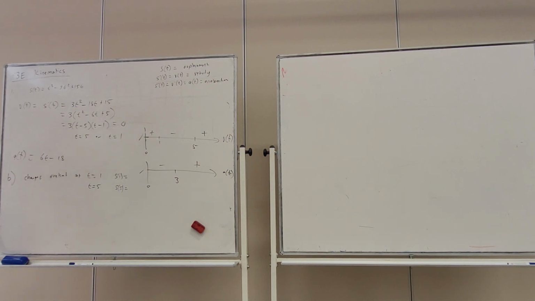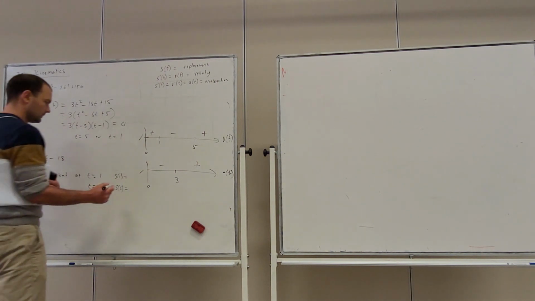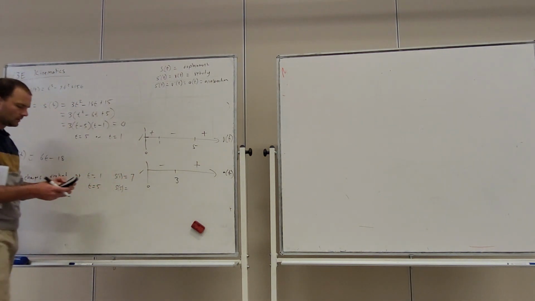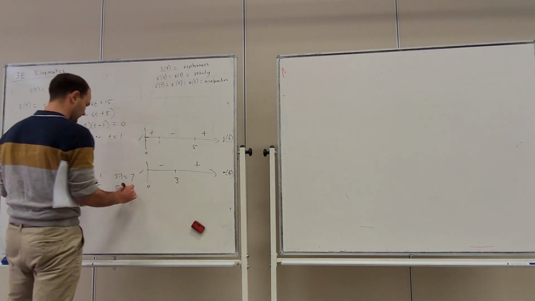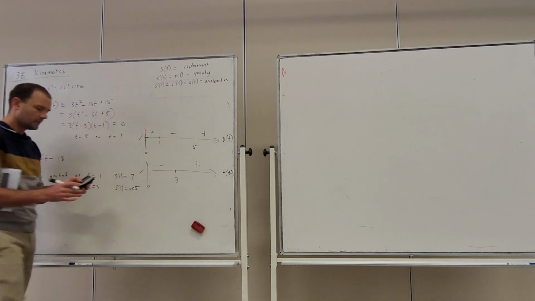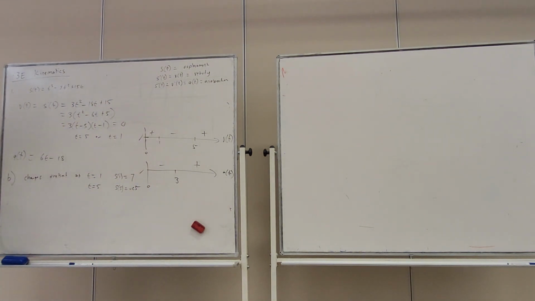And remember it's time, so I'm only considering positive values of x. And I want to know when time is 1. I've got 7. And when time is 5, I've got minus 25.